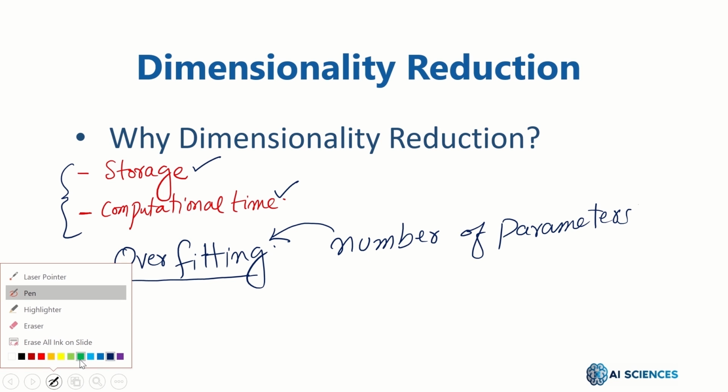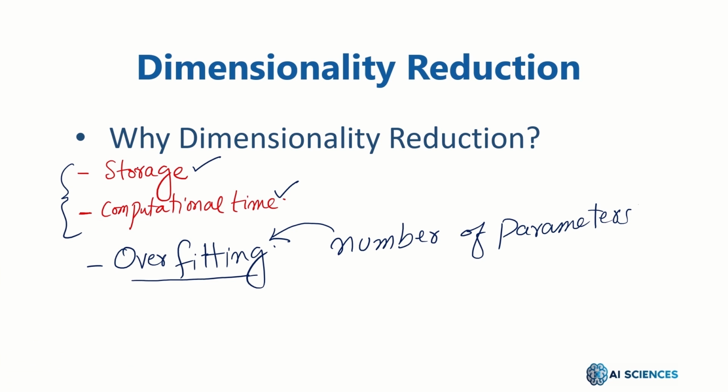I'm not saying these other issues are not real, but they may be trivial in several cases where the hardware is available. Overfitting is no longer trivial. It is not an issue that should be thought of as minor. Overfitting is a huge issue.